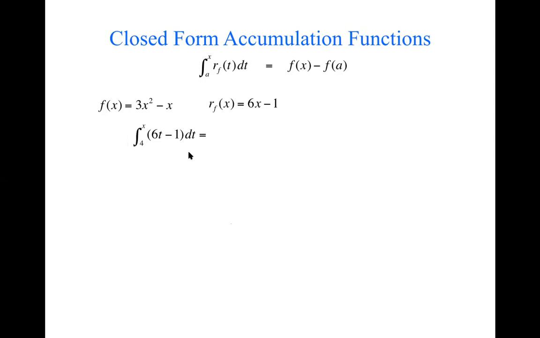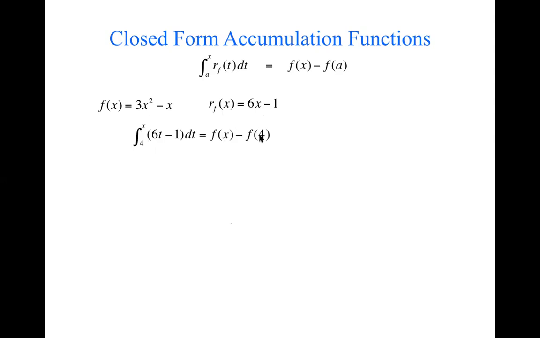And so I should be able to then also express from this open form of accumulation what this means. So thinking about what this means, okay, I know that this is the rate of change function for that. So this should be the net change in accumulation between x equals 4 and a general x, right? So that would mean this is equivalent to f of x minus f of 4, final minus initial. And since I also know what function f of x is, I can put it in its formula here.